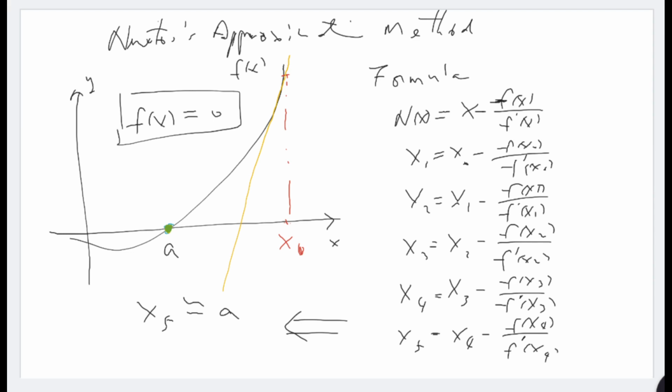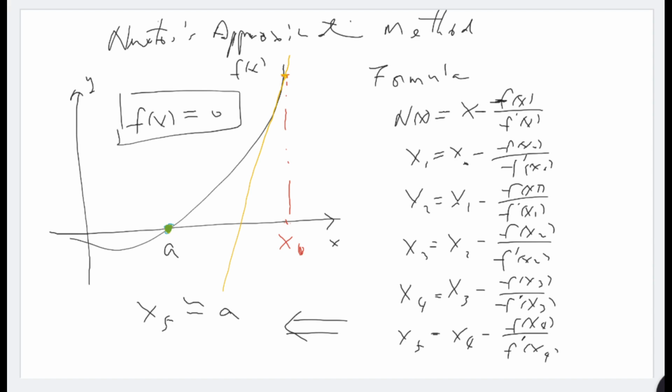We can write an equation of the tangent line, because the derivative at this location is going to be the slope of this straight line, and we know the location is x0, f of x0. So we write an equation of the tangent line. That's the equation that represents this yellow straight line here.